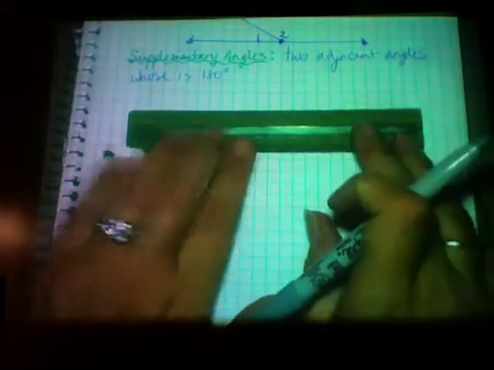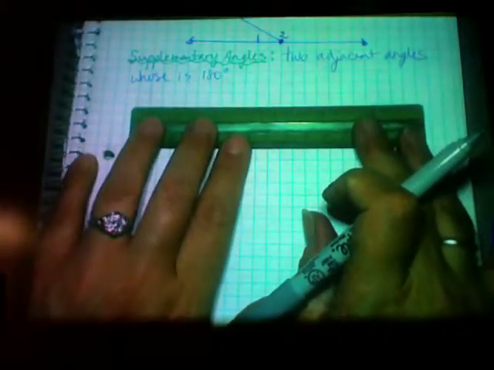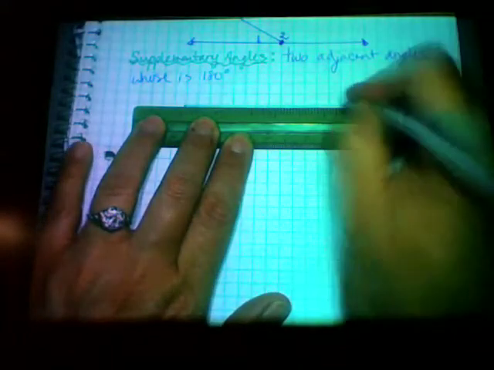And so you notice your picture here looks slightly different because you're just given different information. Two adjacent angles whose sum is 180 degrees.